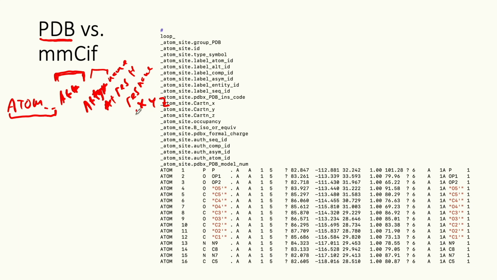And then in terms of your coordinates, X, Y, and Z, you had a fixed number of columns for each of these coordinates. So what happens if your structure is very large? Again, like DNA origami. The bigger you get, you have to cannibalize your precision, right?